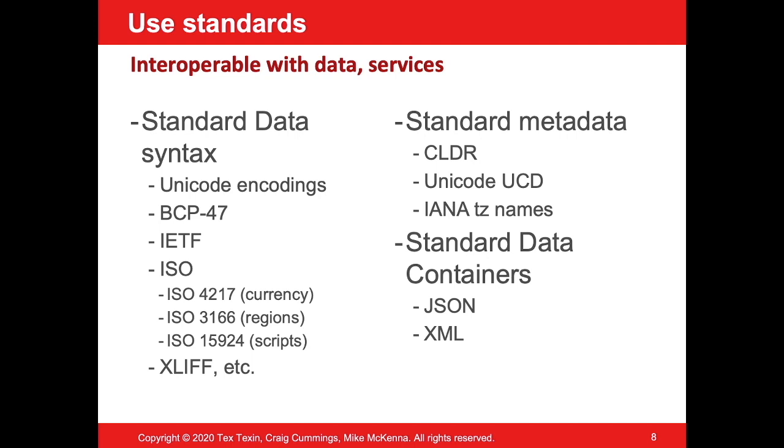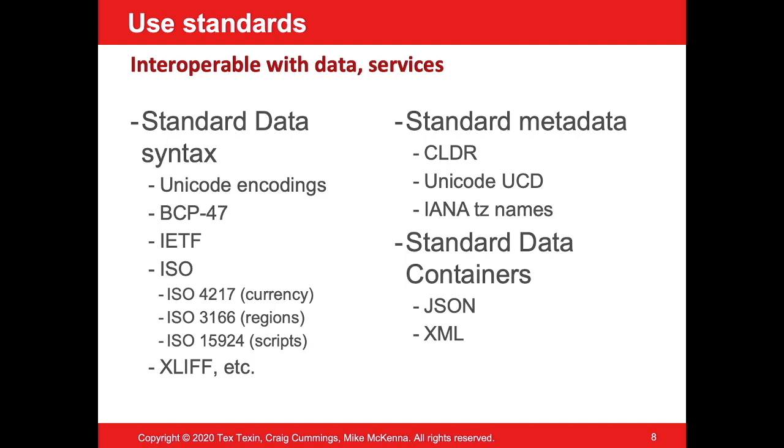IANA, the Internet Assigned Names Authority, for time zone names. So you use standardized names for time zones, not just Pacific Time or PDT or EST, but like America/Los_Angeles or Europe/Berlin. Also, where do you put that data?